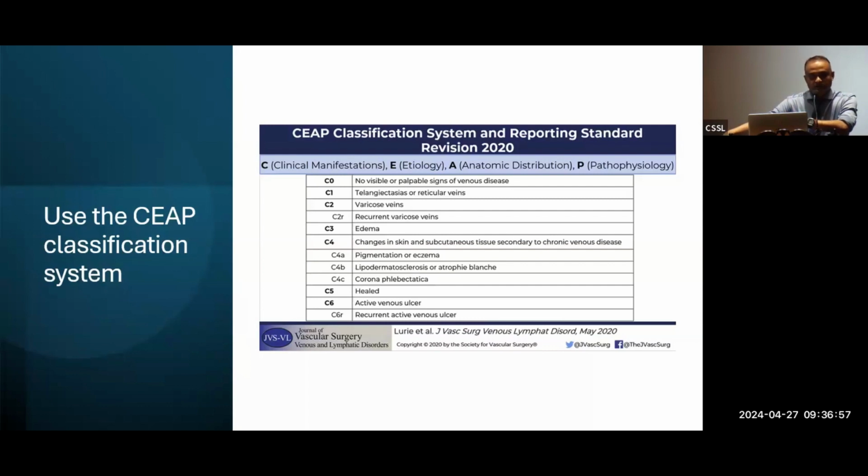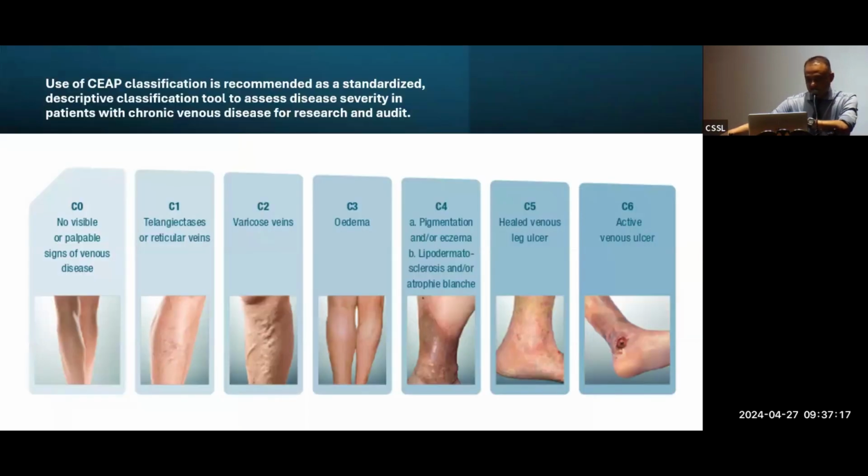The moment you say this patient is having grade 7 reflux with C5, he's got a healed ulcer, and you need to do something before the ulcer becomes reactivated again. So it's very descriptive with that kind of classification. This is just to drive home the point from C0 to C6.